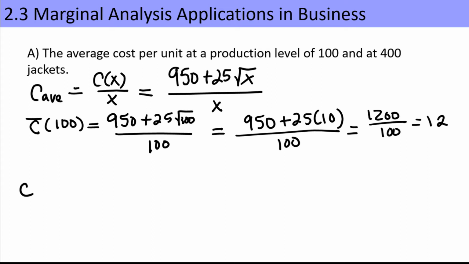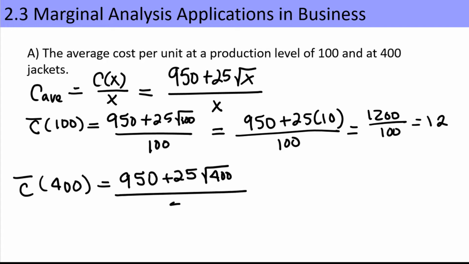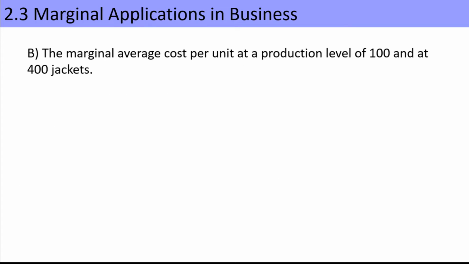Do the same thing for the average cost at 400: 950 plus 25 times the square root of 400, all divided by 400. Use your calculator to compute this, and the result is 3.625.